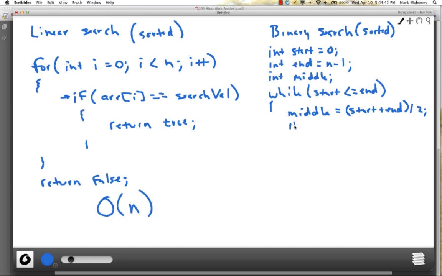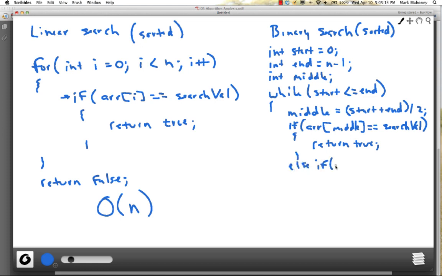And then we can check, this is our critical operation, if the value of the array at position middle is exactly equal to our search value. Okay, if that's true, we can say yes, the search value was found.